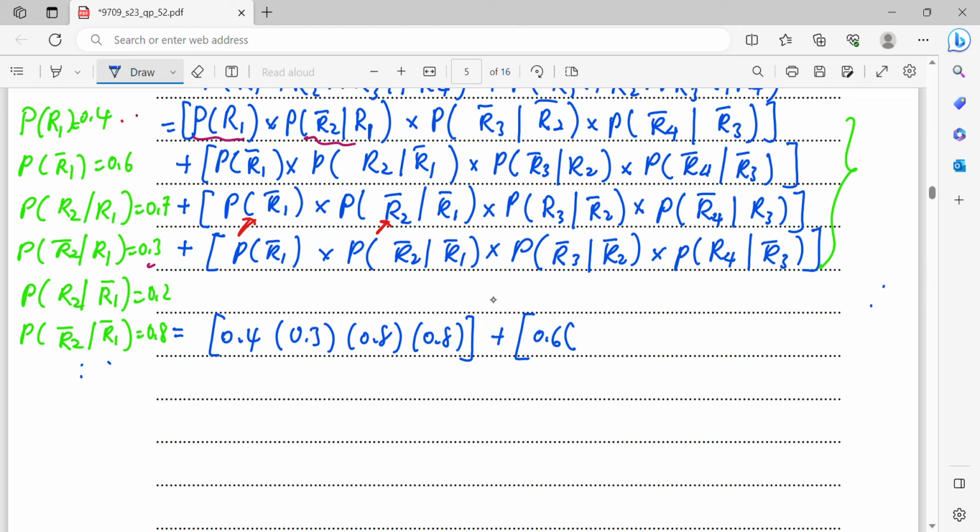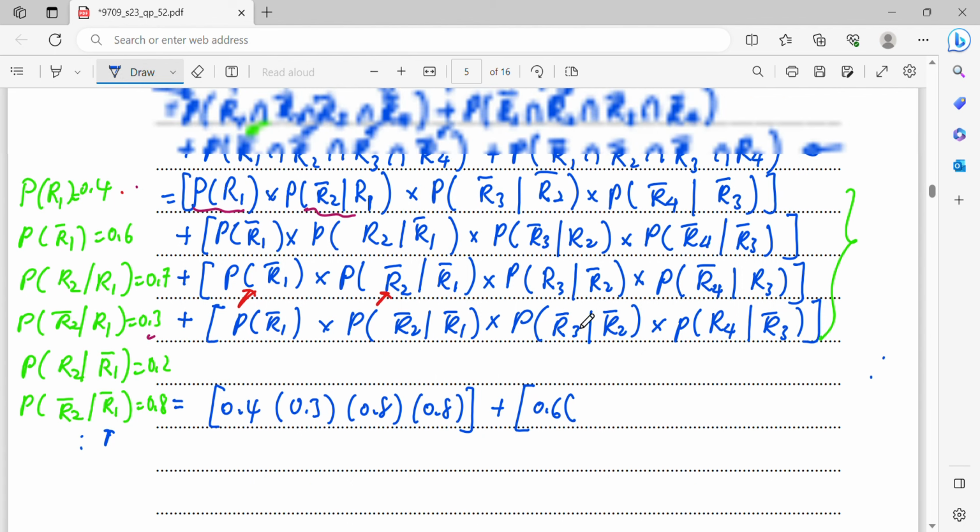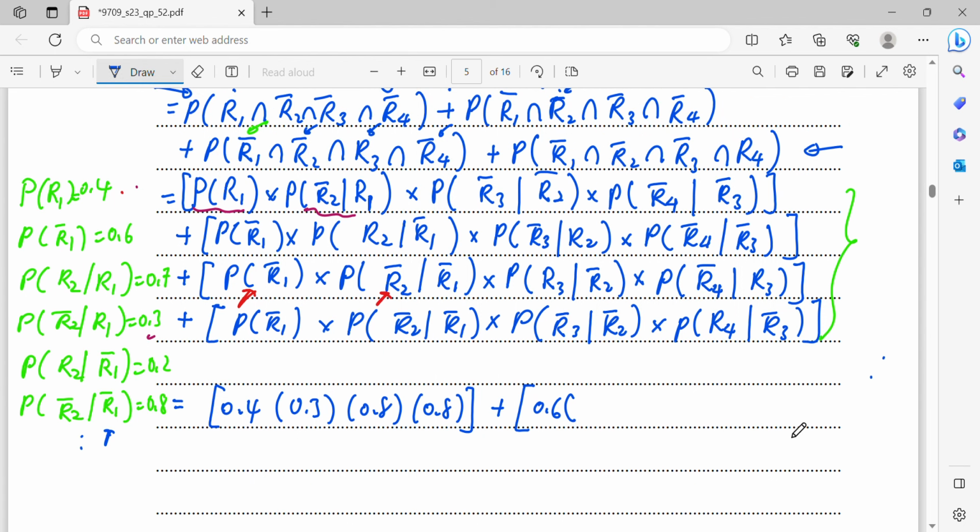Now 2 days also not rain, it will be 0.8. Okay, wait, let me check carefully. Okay, no, I'm not solving this, I'm solving the second case. So I overlooked it. Just now we have solved this. Now it's the turn for this part.